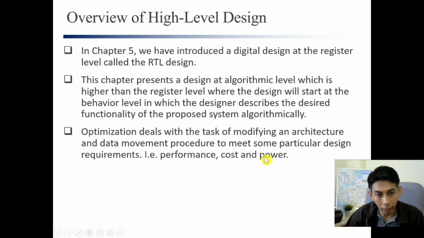So the impact of modifying the architecture at the algorithm level is actually more, has more impact on the performance as compared to the lower level of the design. We will see later how we can do that at the algorithm level to produce a good design entry, design planning before we design our system later on.